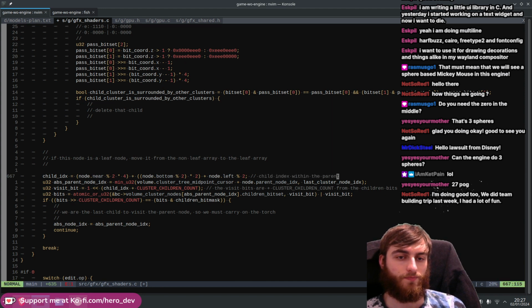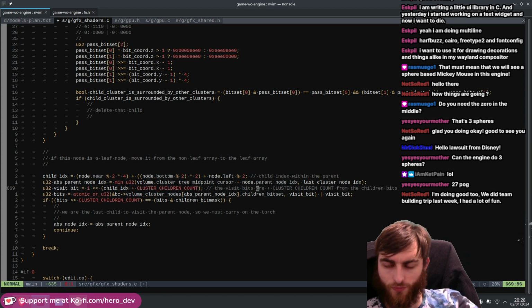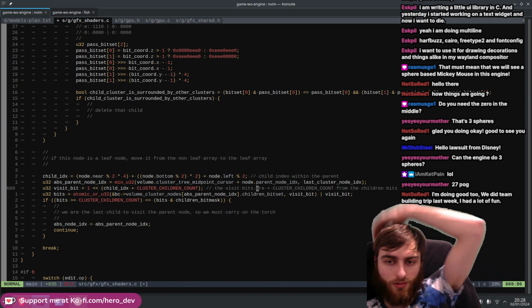Within the parent. Then we get the parent node index. We check if it's visible. Sorry, no, we've visited this node already when we're doing this sort of refine level of detail thing.